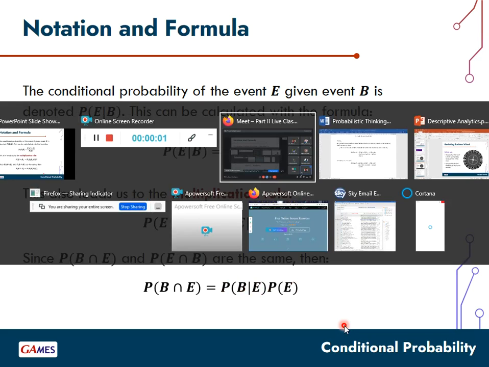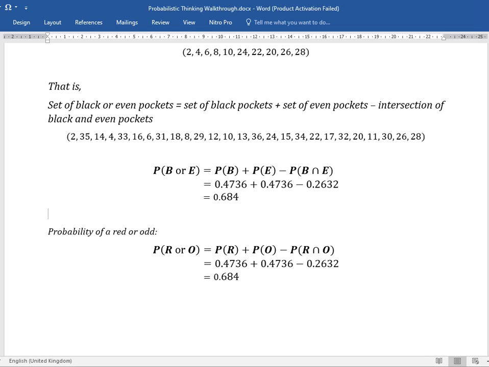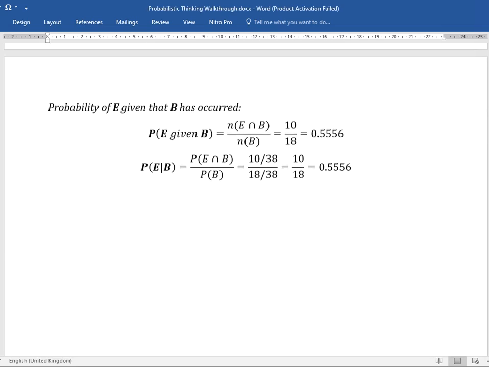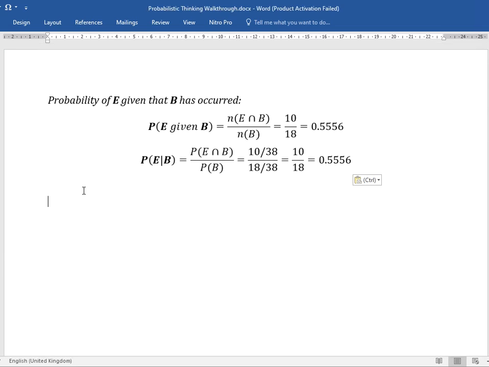So let's put those formulas to a test. What's probability of E and B using the multiplication rule?